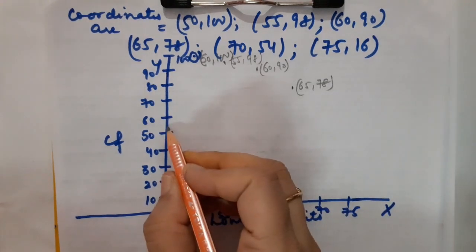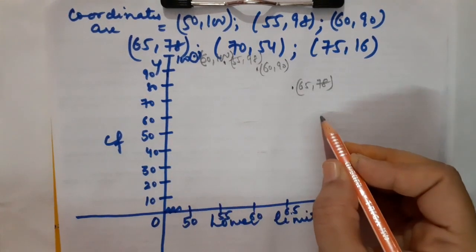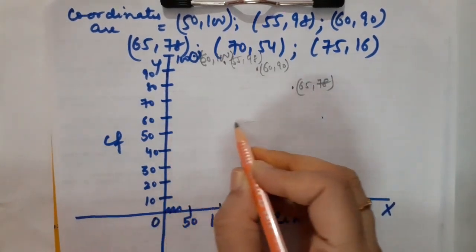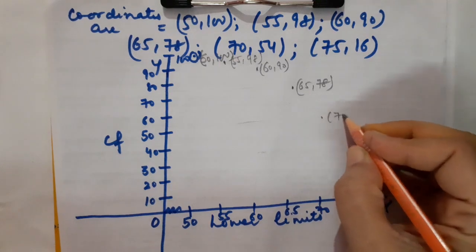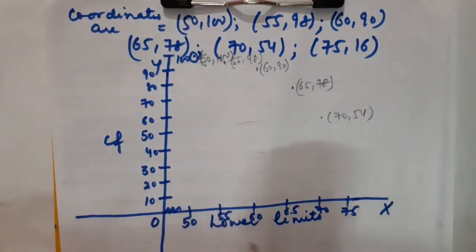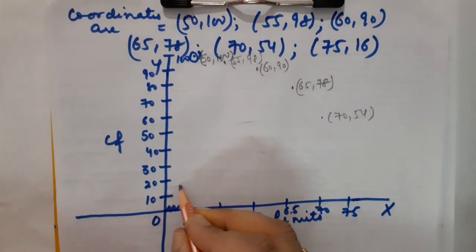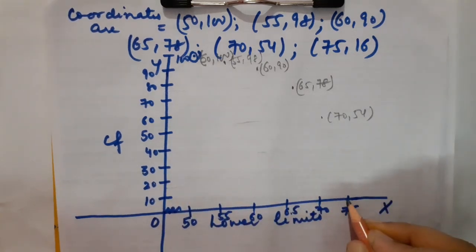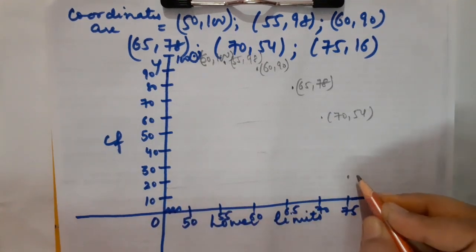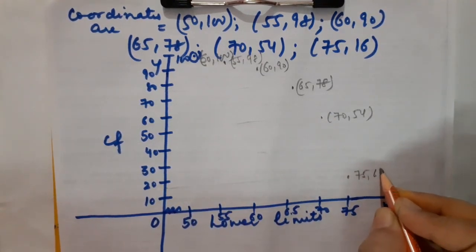This is 54, somewhere here. 75 to 16. 16 will be here approximately.